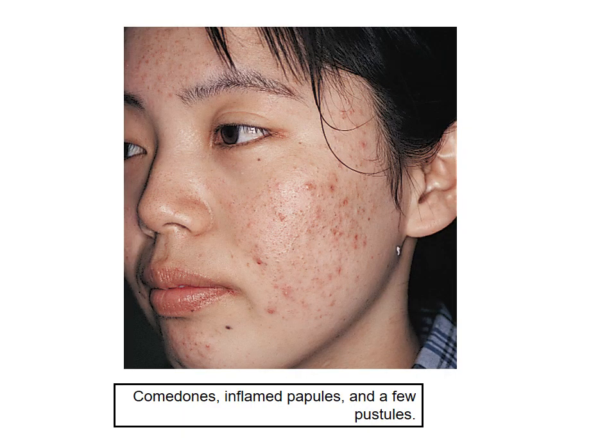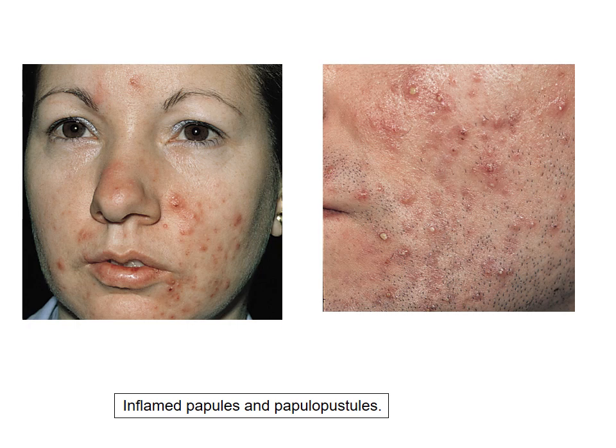Comedones, inflamed papules, and few pustules. Here starting to see some pustules. So this is a moderate case of acne. Here a typical moderate case of acne, because the dominant lesion here is pustules.